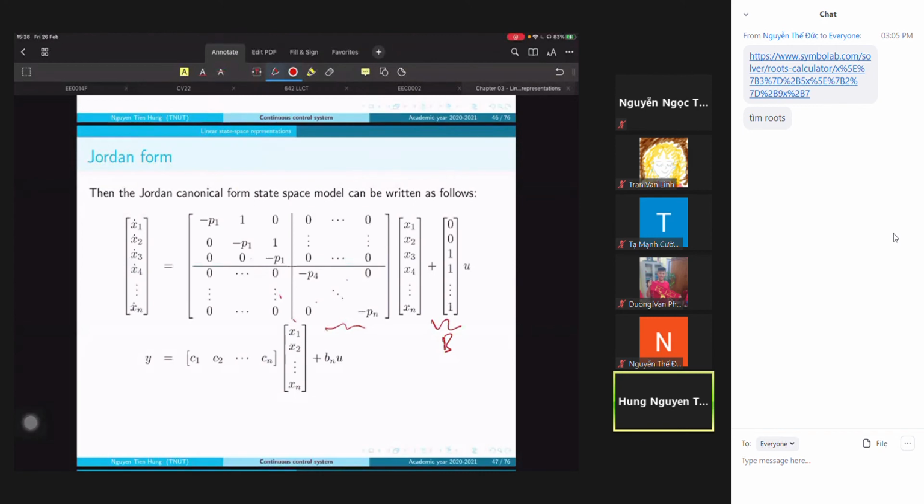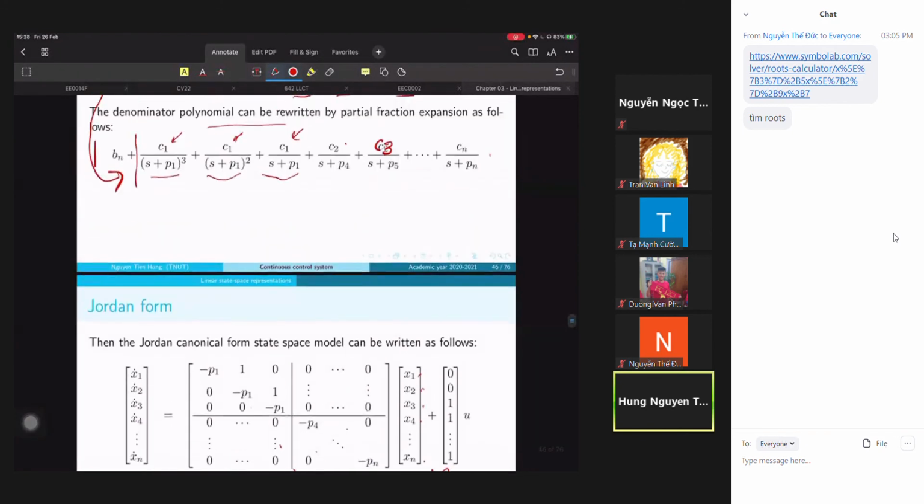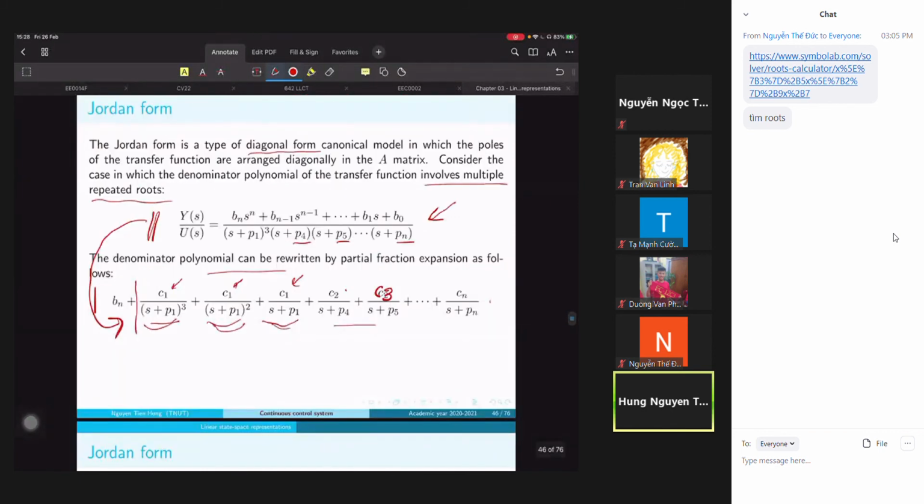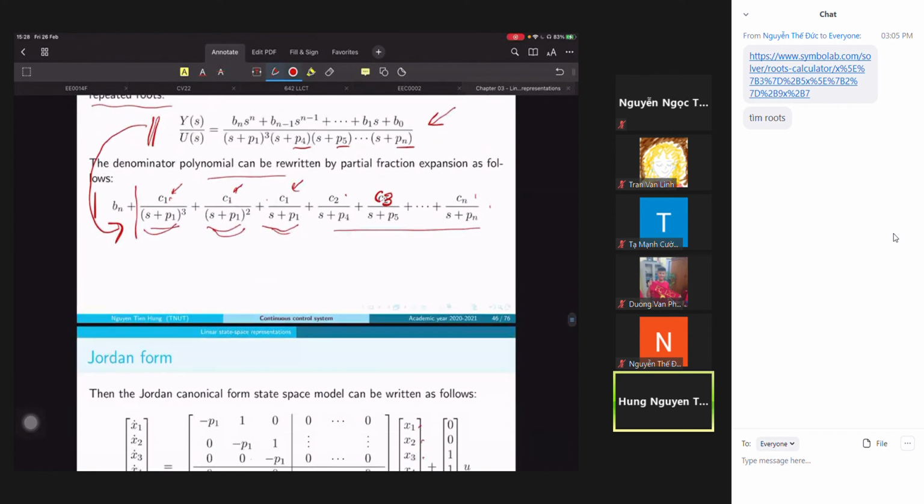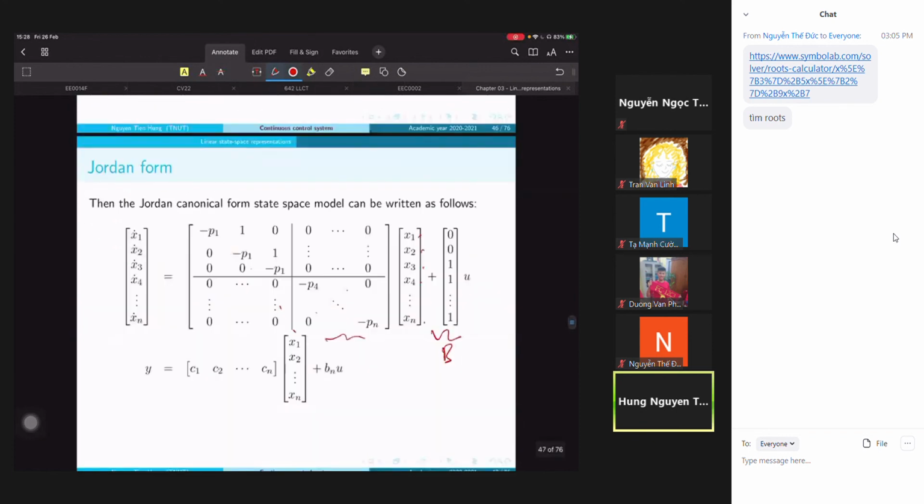So this is x1, x2, x3, x4, up to xn. We have the repeated part here, and here we have c2 up to cn. So we have only 1, 2, 3 up to cn here, so the number of inputs should be consistent with this. We have to check this in an example.